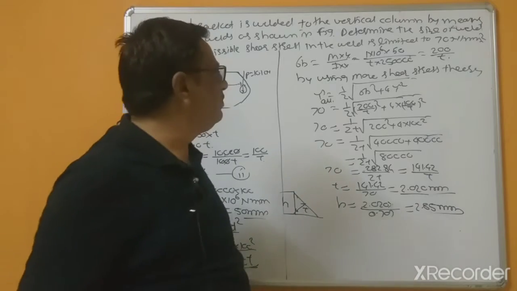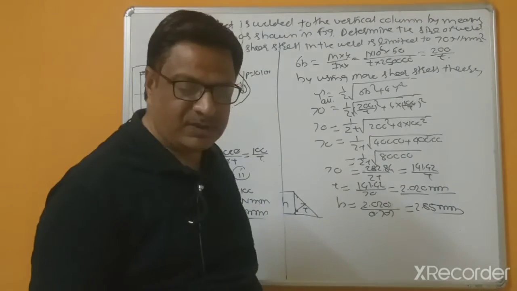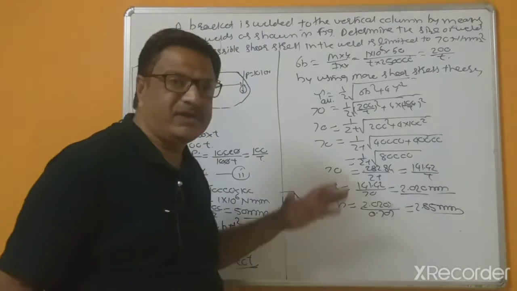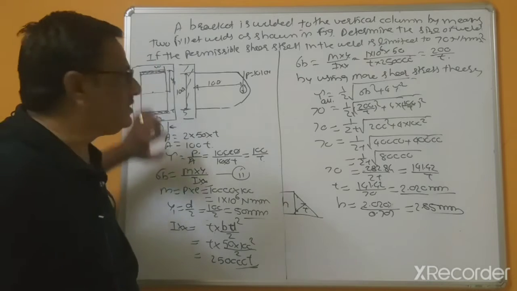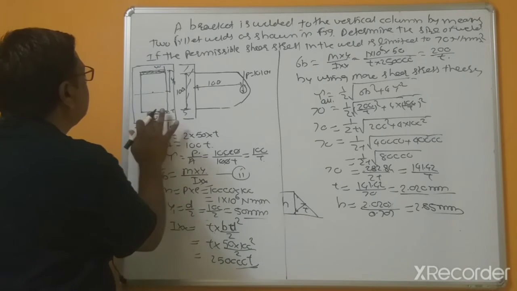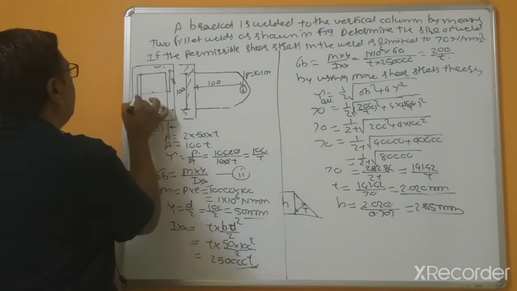So such type of simple problem may be asked during the examinations. Try to solve such type of problems. So in this case, the weld is horizontal. In the next case, instead of horizontal, this becomes vertical.